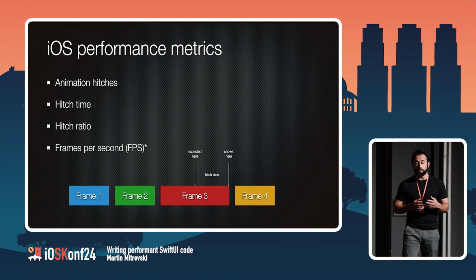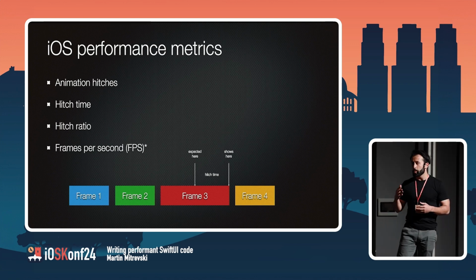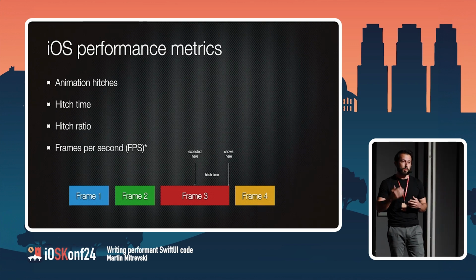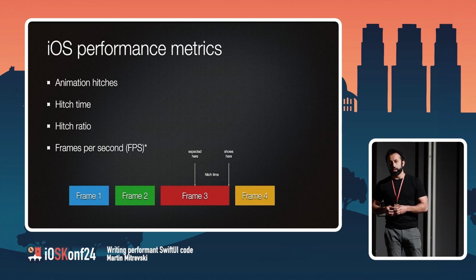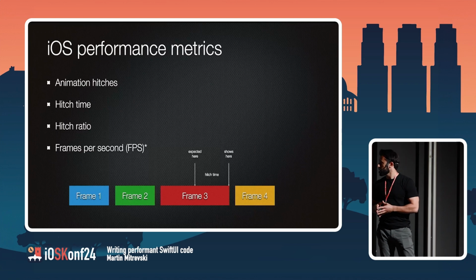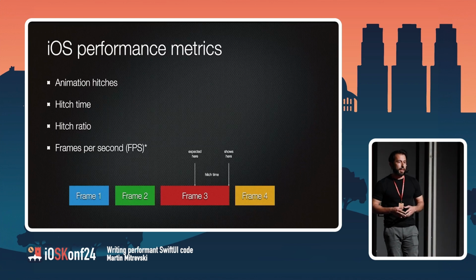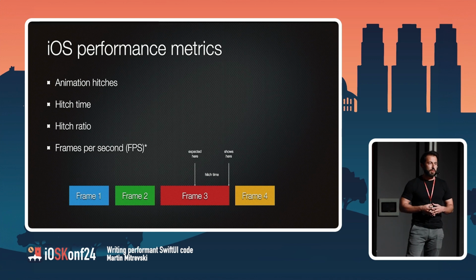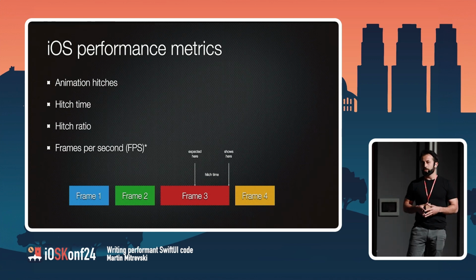The difference between when the frame appeared compared to when it was supposed to appear is called hitch time. And if you compare the number of hitches over a certain period of time, then you have something called hitch ratio.